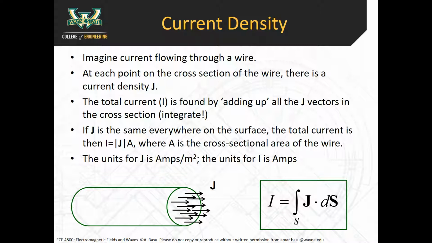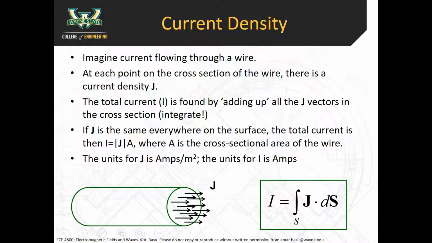We'll do an example problem here. And the direction of it, ds always points perpendicular to that cross section. All right, so the cross section is this circle here. The ds vector points perpendicular to it. So in essence, the ds vector in this case points in the same direction as the current density vectors. So we'll see an example of that in a second.